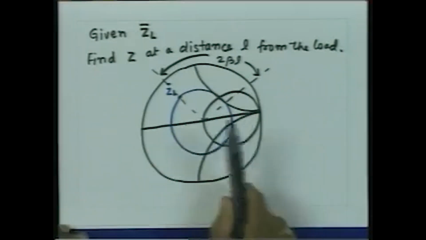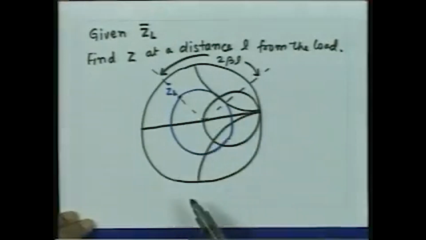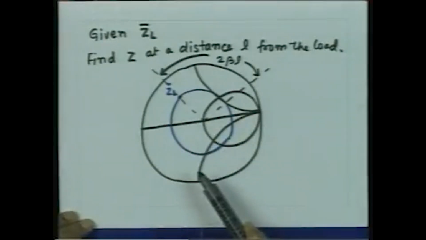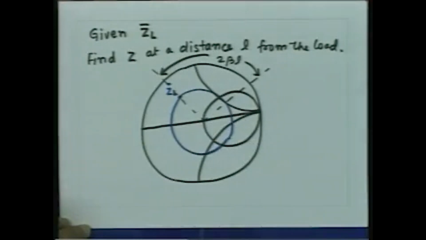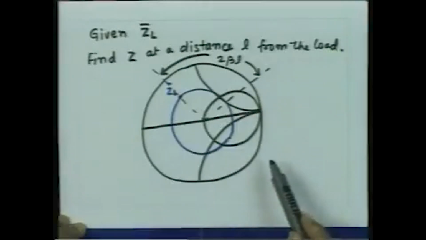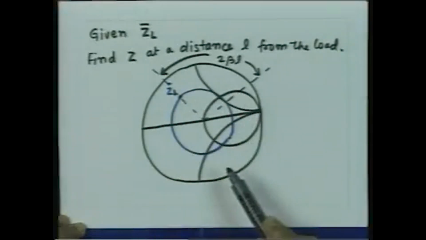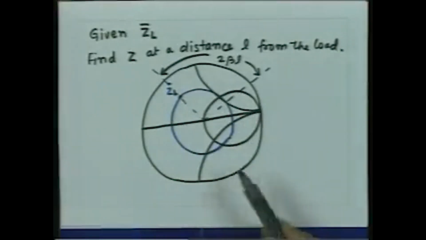Keep in mind, we are rotating in the clockwise direction because we are moving from the load towards the generator, and distances measured towards the generator are positive distances. That means L is positive and therefore the angle becomes more negative. So, the point moves in the clockwise direction.